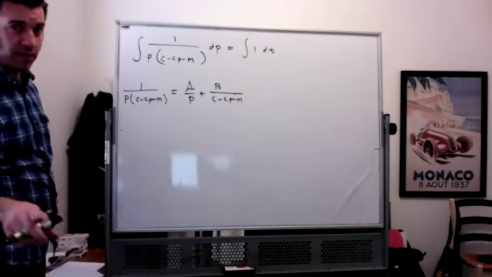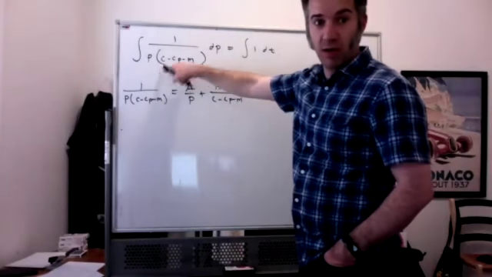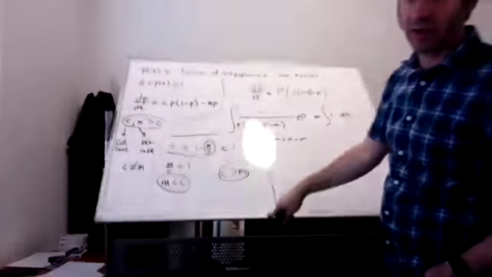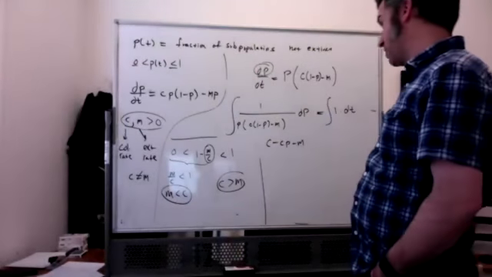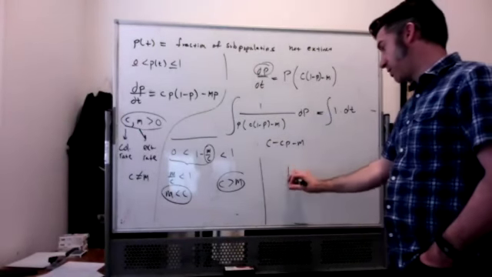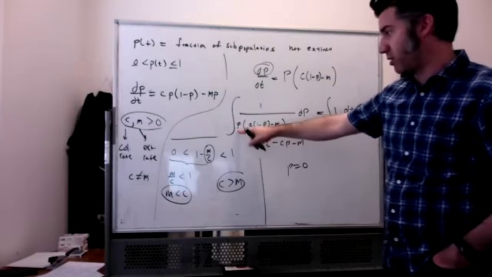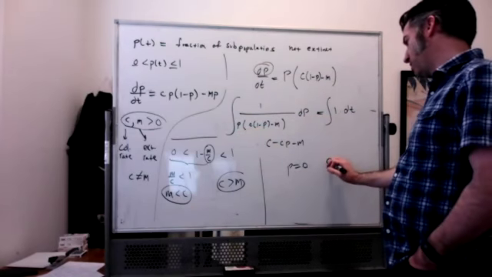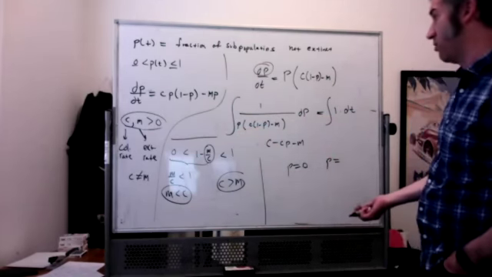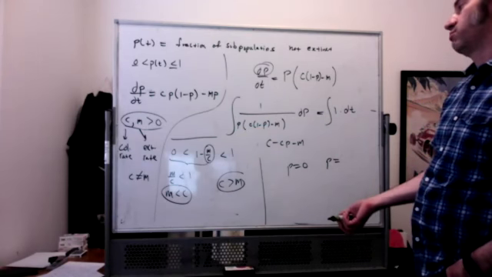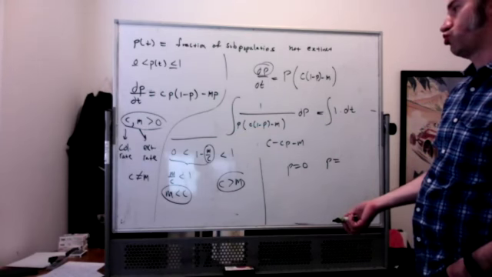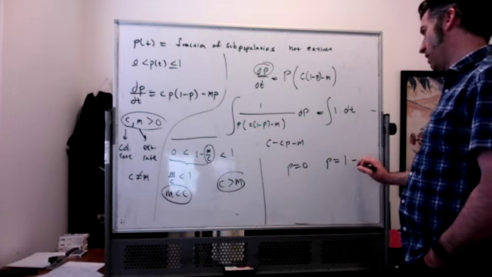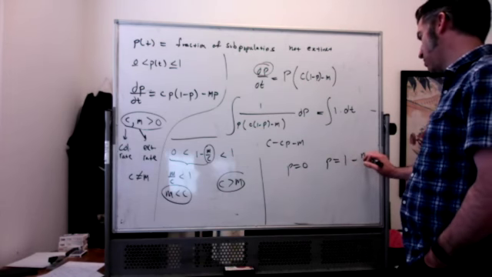Here's the nice thing about this. I know I erased it, but we know what values make this equal to 0. When we answered part A of this question, what are the equilibria? We got P equal to 0, that made this part 0. And we also got P equal to, I literally forgot what it was, 1 minus M over C, I think.